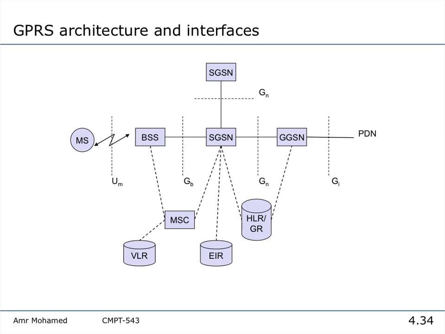This is 2.5G. Until now, we're talking about 2.5G. But this was a big step towards 3G. We'll see that in 3G, they tried to make it a pure IP-based, packet switched network from scratch. But that requires replacement of hardware, not only adding hardware, replacement of the old hardware.